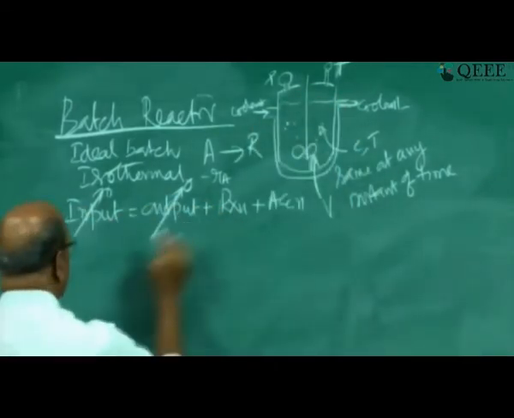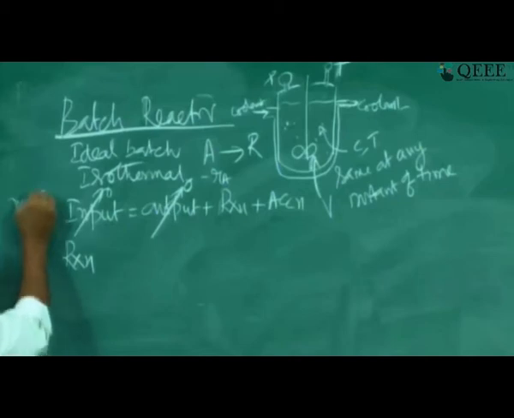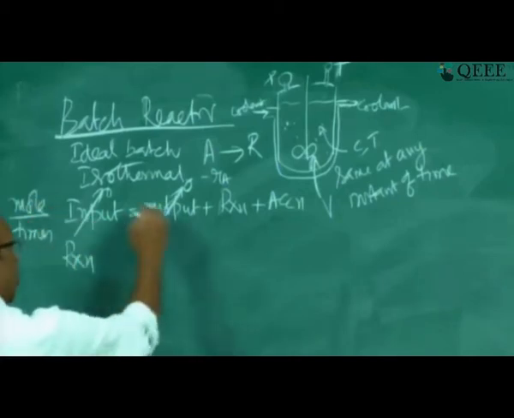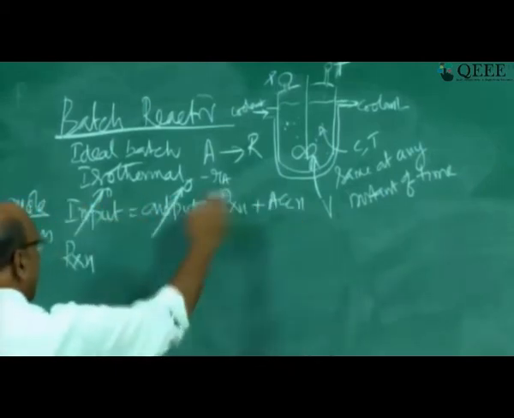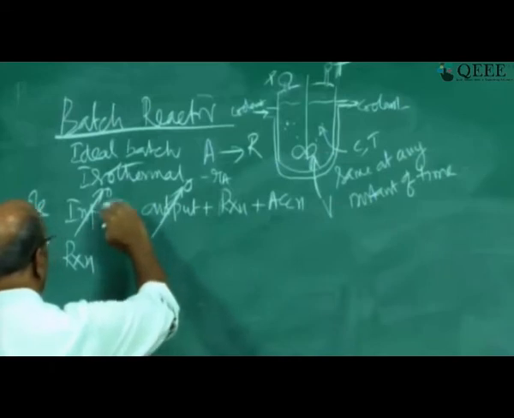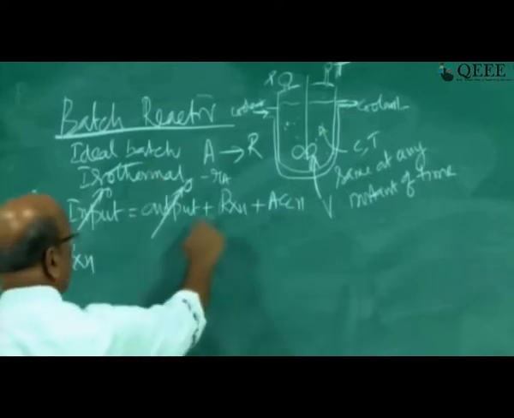Now, for this reaction term, we are only writing the mole balance: moles entering, moles leaving, moles reacting, and moles accumulating. Because it is a batch reactor, the moles entering equal 0 and the moles leaving equal 0.